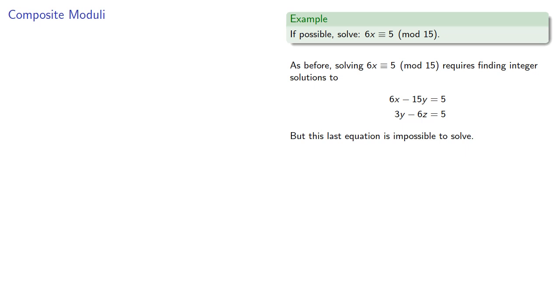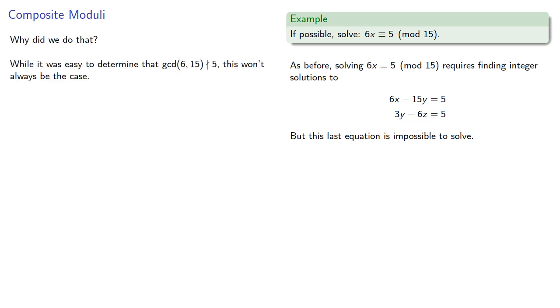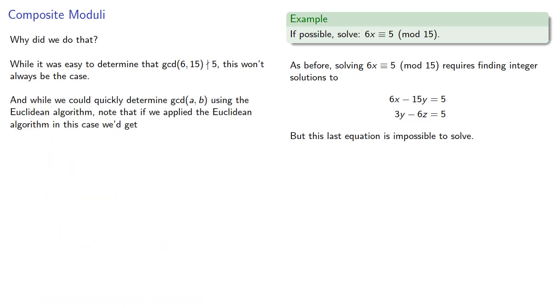Now you might wonder why we did that. Well, it was easy to determine that the greatest common divisor of 6 and 15 didn't divide 5. This won't always be the case. And while we could quickly determine the greatest common divisor of two numbers using the Euclidean algorithm, note that if we applied the Euclidean algorithm in this case, we'd get the following.